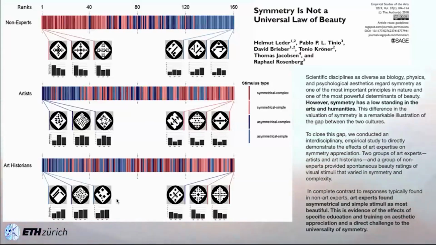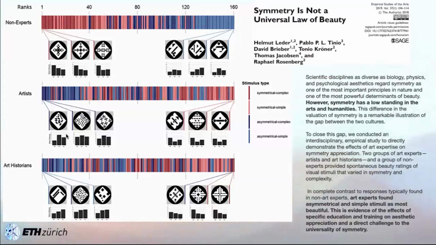So essentially what you can see, if people are forced to rank these patterns from 1 to 160, is that the non-experts really like the symmetrical ones, whether simple or complex, but mostly symmetrical complex the most. And what they like the least are these asymmetrical simple figures, and everything else falls in the middle.